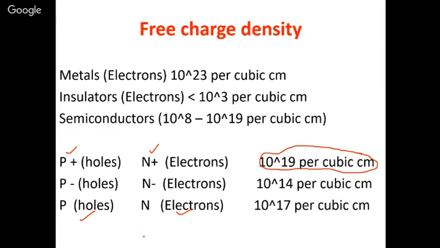That is the general case of a diode. But by the process of doping, we have changed it to P plus or N minus. That made the magic in order to withstand high voltage and high current.